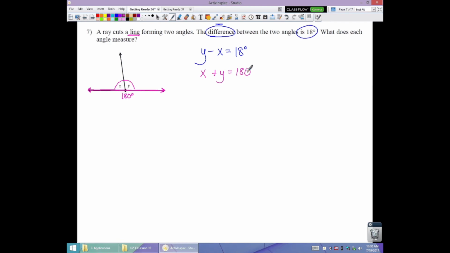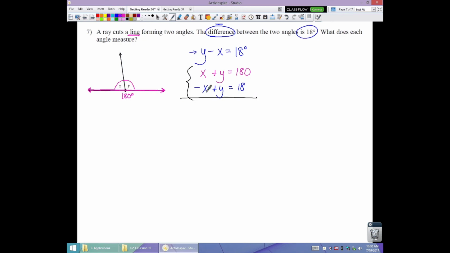Now, one's in standard form, one is almost in standard form. So I can just rearrange this blue one and rewrite it as negative x plus y equals 18, so that the x's and y's line up, and I can go ahead and use elimination on this system.